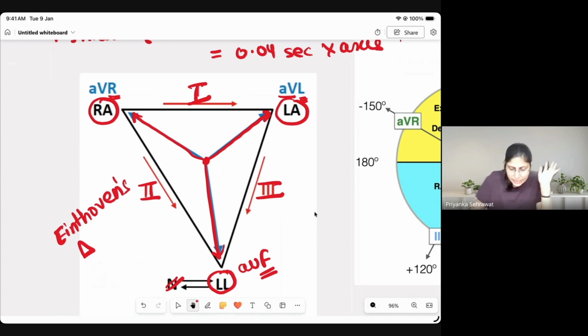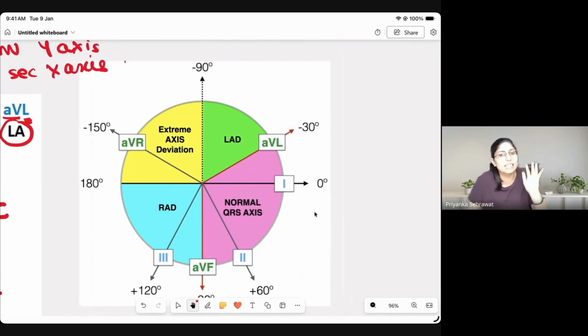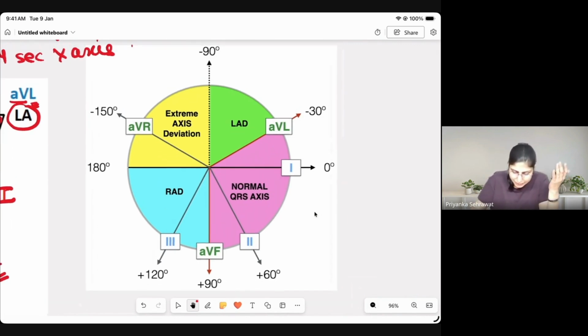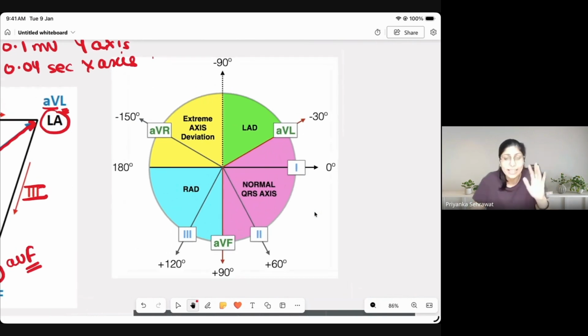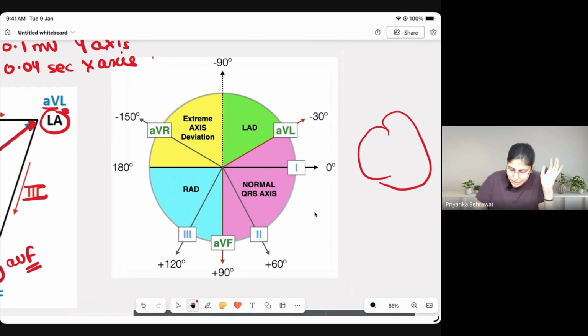Okay. Based on the Einthoven's triangle only, we calculate the cardiac axis. Now, how do we calculate the cardiac axis? It's very, very simple. Please remember that if this is our heart, the axis of the heart, how is the axis placed?